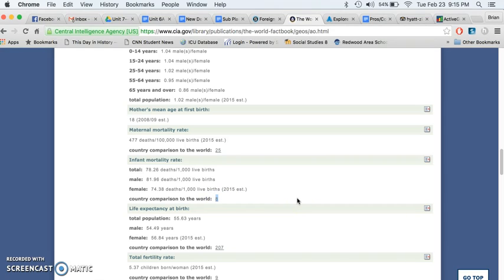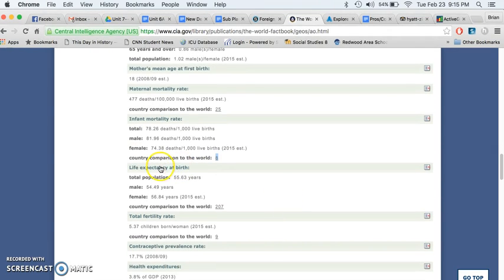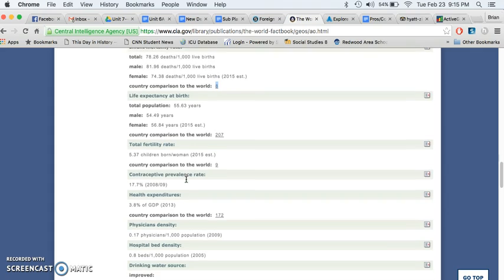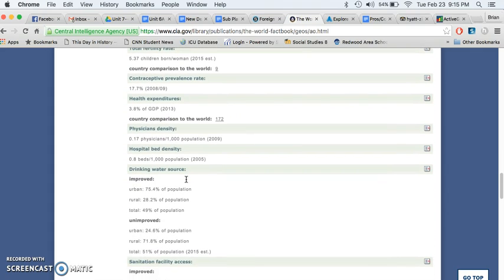If you're curious, you can go back and click on the United States. It's kind of interesting to look. Another thing to take a look at is life expectancy. Ours is right around 73, 74. I'm probably wrong. But Angola's here is 55. So if you scroll down and look at these things, you guys know if those stats are good or not just by comparing them to the United States.